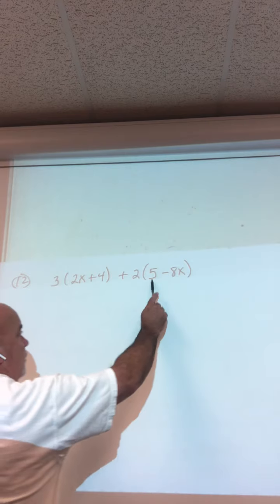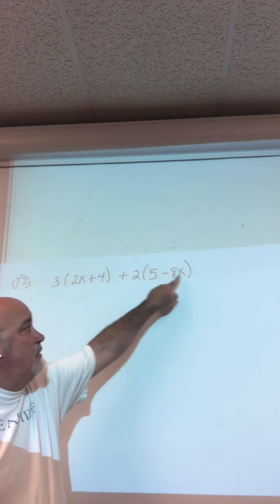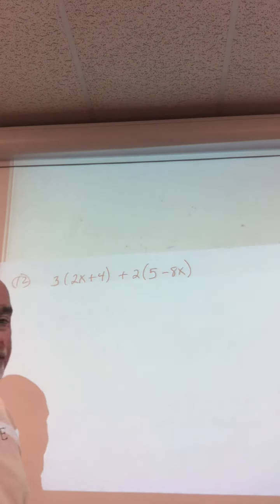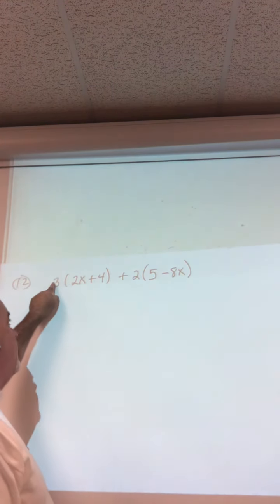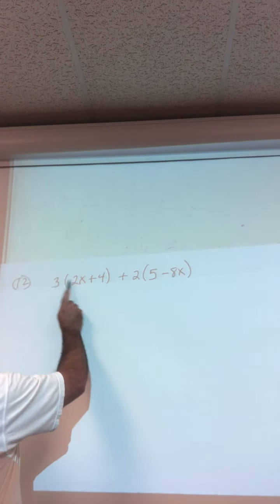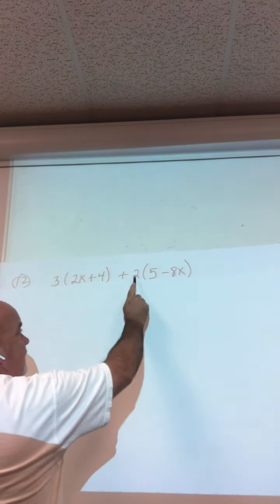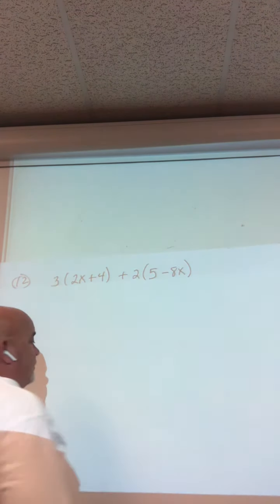I would normally do what's in parentheses first, but I can't here. I need to get rid of the grouping symbols. The way you get rid of the grouping symbols is by multiplying by what's in front of that grouping symbol. So I'm going to multiply 3 times these 2 terms, and then 2 times these 2 terms.